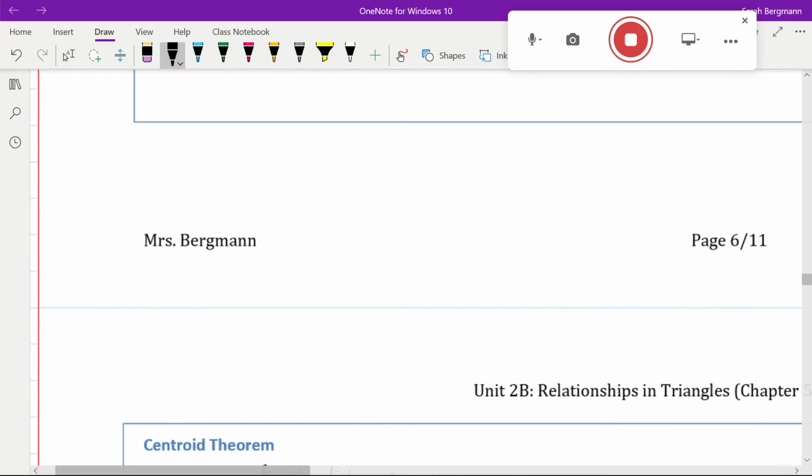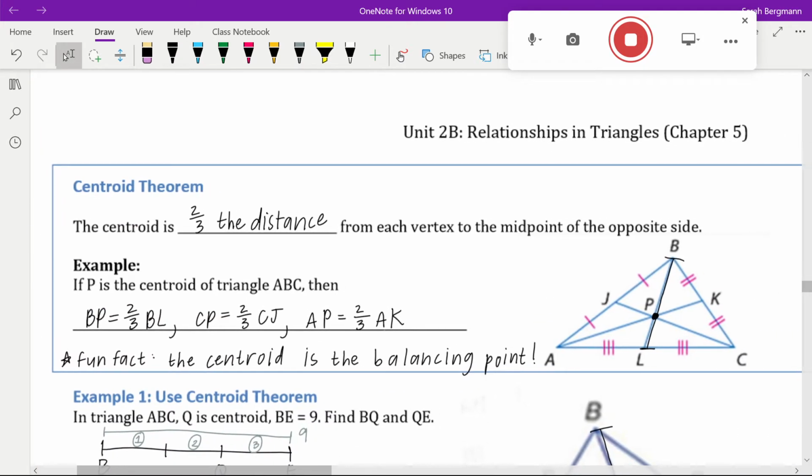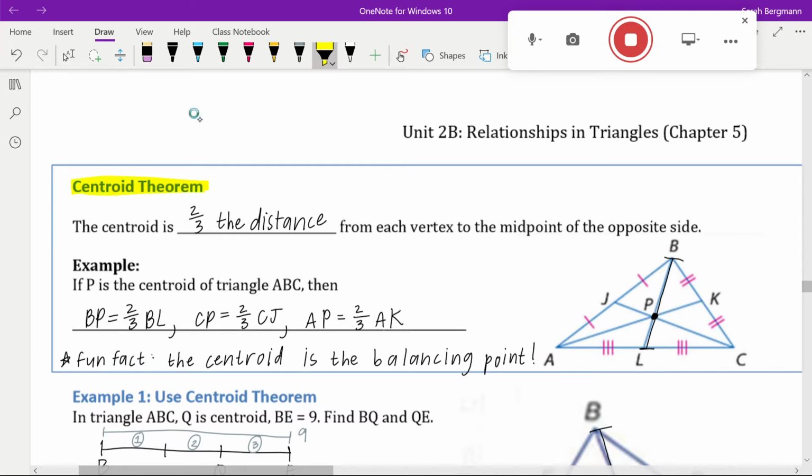Alright, we know some special things about the centroid. Here's a theorem called the centroid theorem. It says that the centroid is 2/3 of the distance from each vertex to the midpoint of the opposite side. I know that might seem intimidating or confusing, but let me explain it to you.